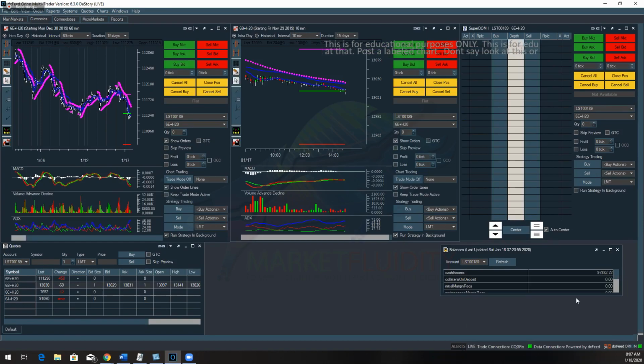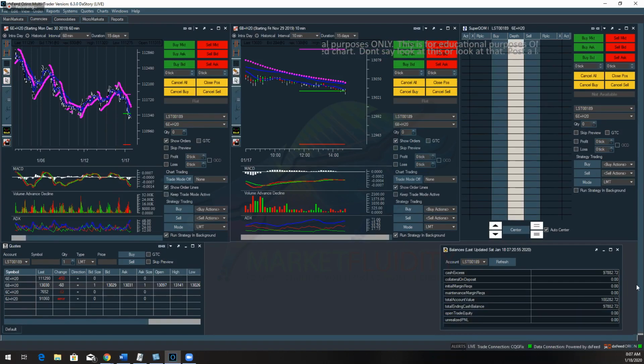But if you look at my account here, I have $100,282 in this account, and with the options that I've bought in the S&P 500, I've only risked about $2,700. I've already paid for those contracts, and now I'm just waiting for that move to happen. I have X amount of time, so we can go over those in a little bit.